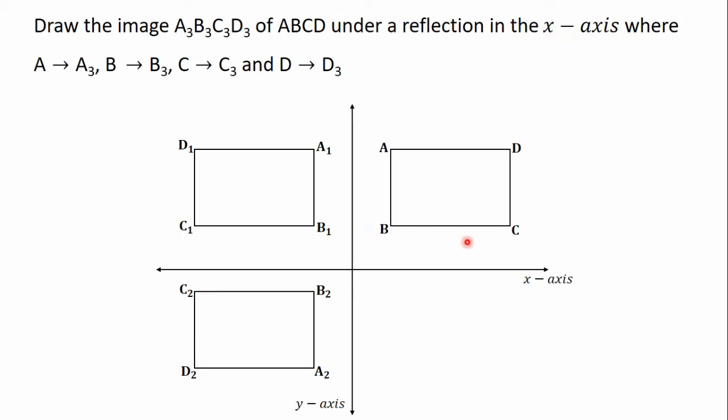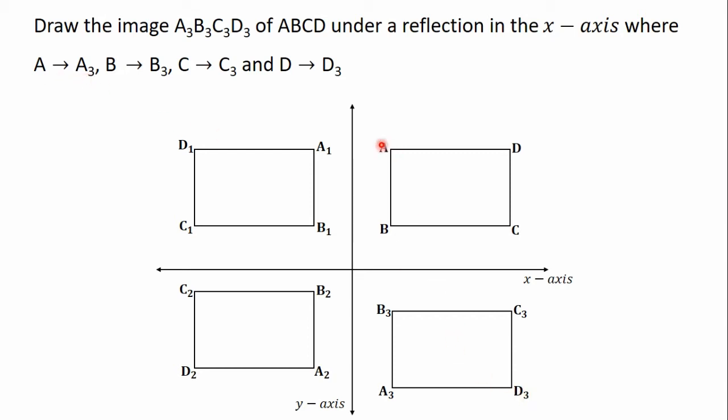Now when we use the x-axis as our mirror line to reflect the rectangle ABCD, our image rectangle will be here and have the coordinates A3, B3, C3, D3 as we have been told in the question.